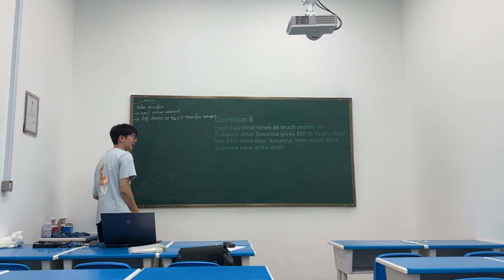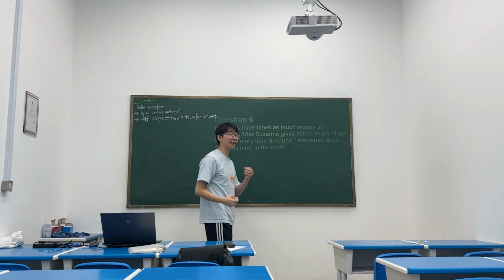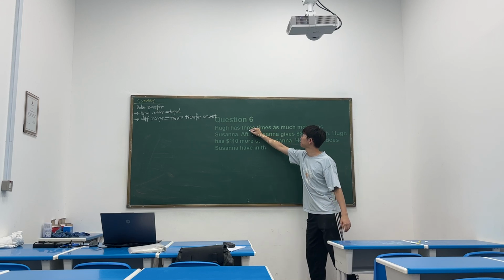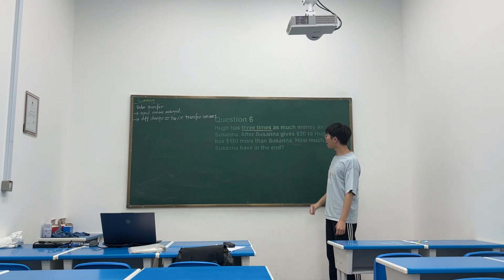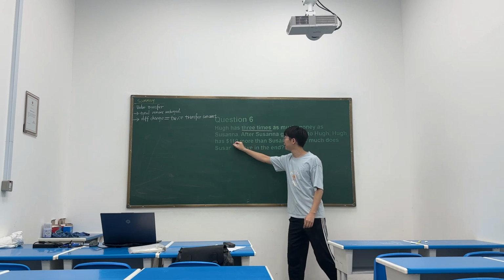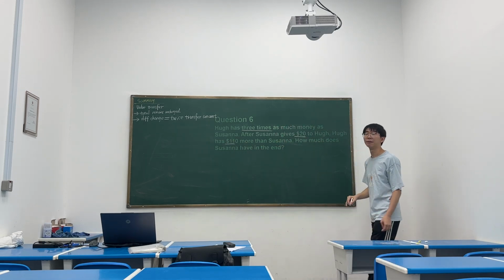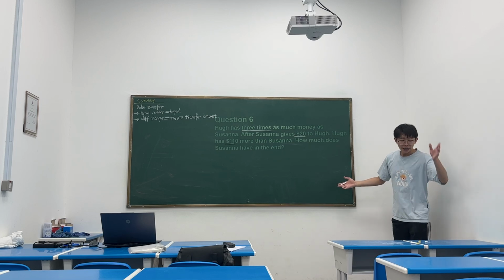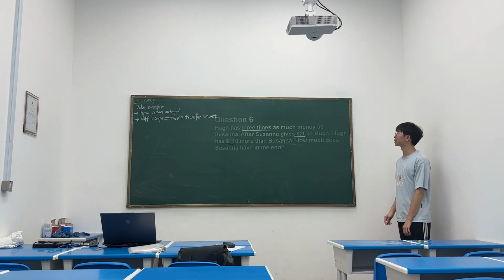Alright, question 6. Let's see. How can we apply this formula in question 6? Hale has 3 times as much money as Susanna. After Susanna gives 20 to Hale, Hale has $110 more than Susanna. How much does Susanna have in the end? How should we approach this question? Yes, we draw models.